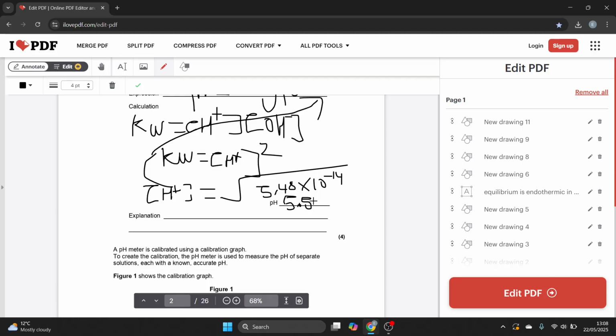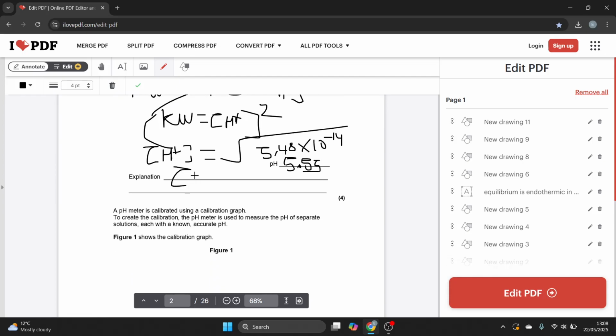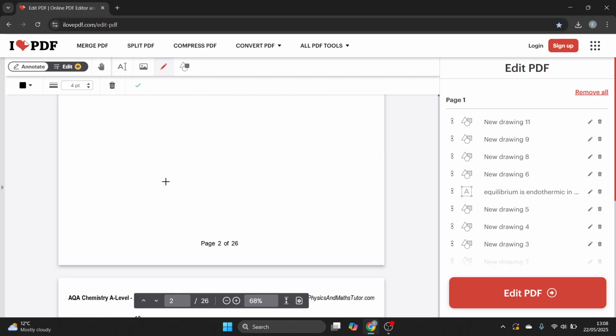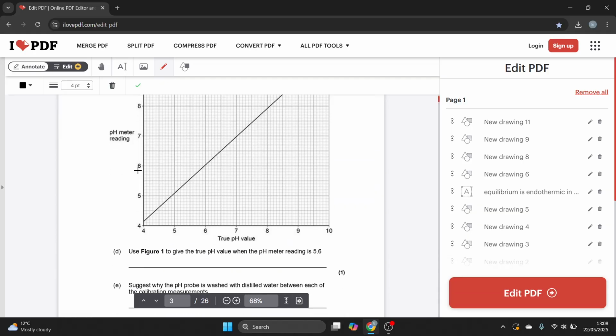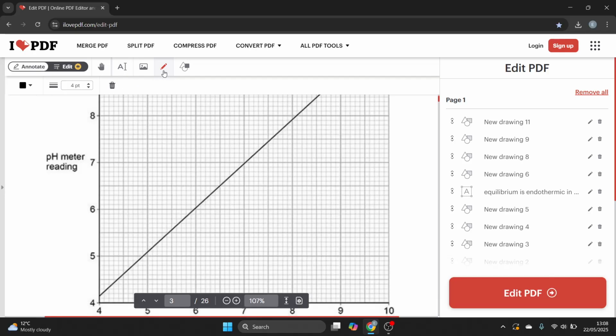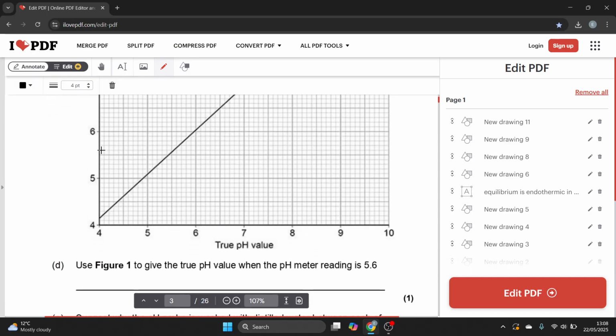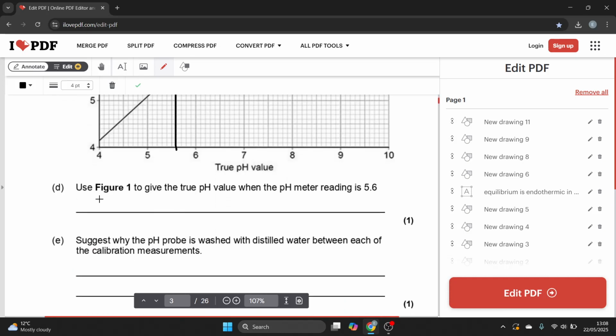Then it says explain why water is neutral: concentration of H plus equals concentration of OH minus. Okay, use figure 1 to give the true pH value when the pH meter reading is 5.6, so you go to 5.6 and draw it down.